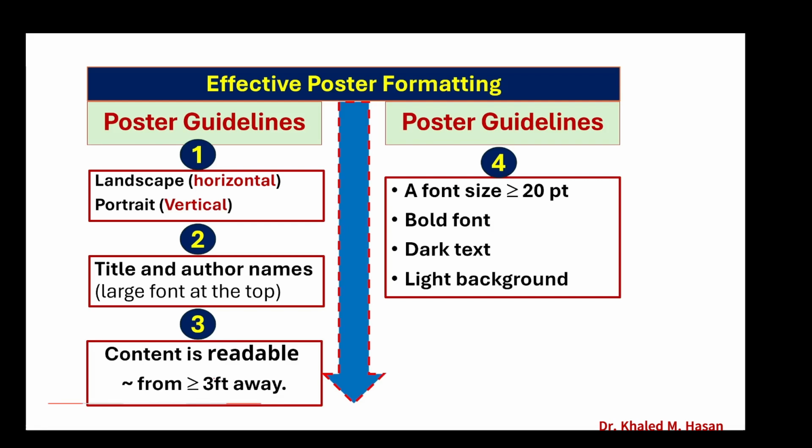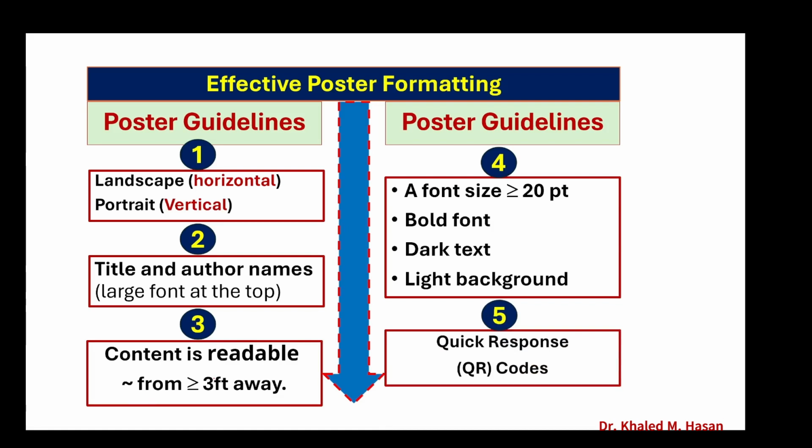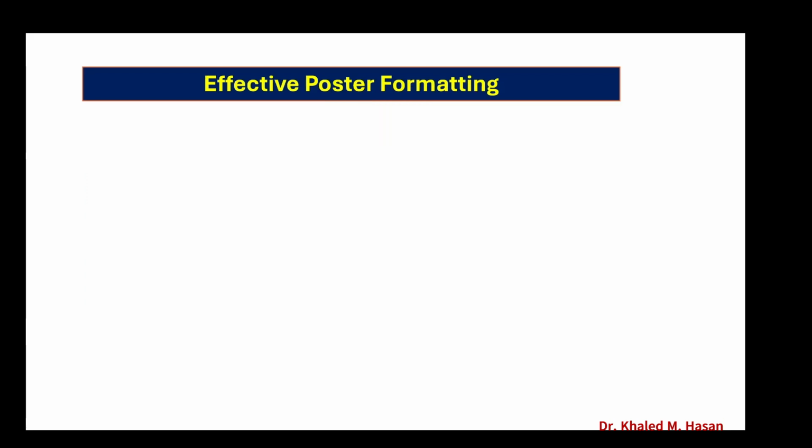Use dark text, not light text, with a light background. Use a QR code, a quick response code. So we have the steps: the shape of the poster, vertical or horizontal, the title, the content, the font size, the bold text, the background, and the QR code. So these are the effective poster formatting guidelines.